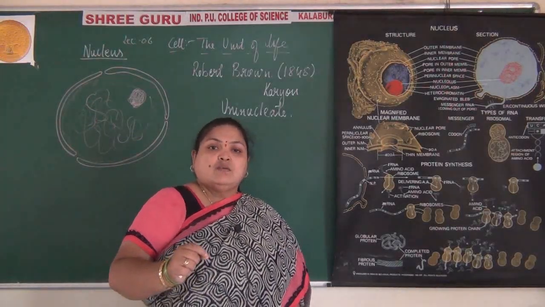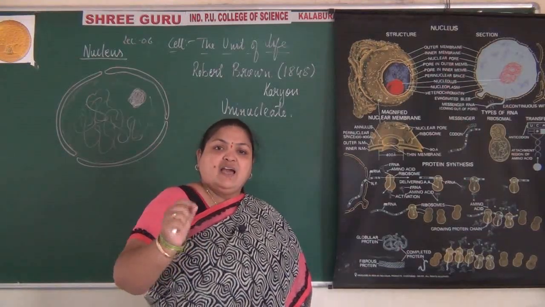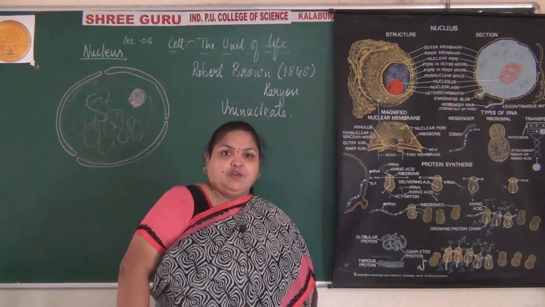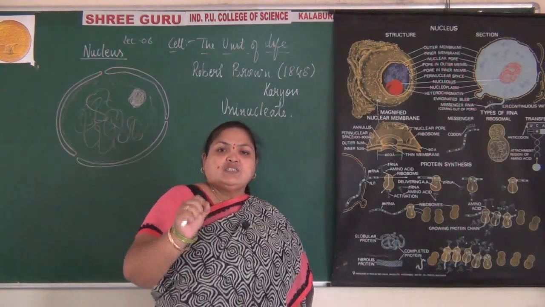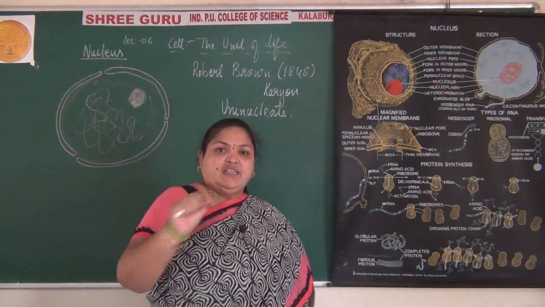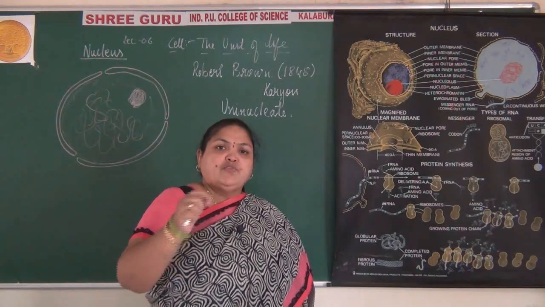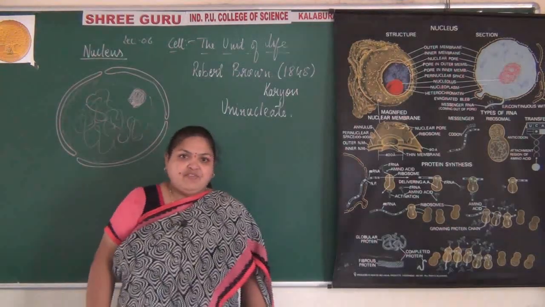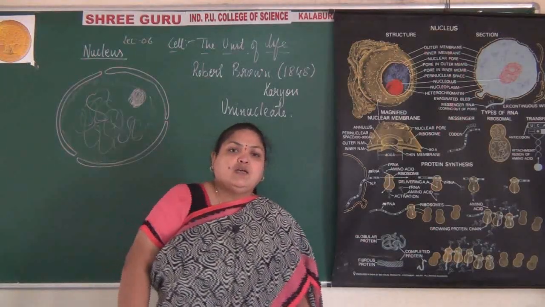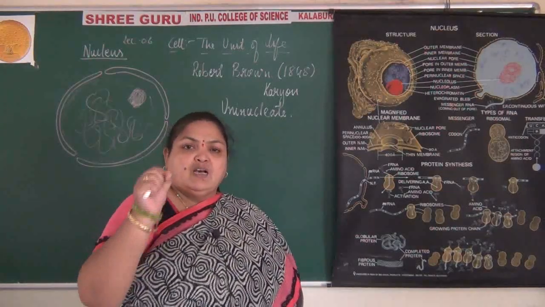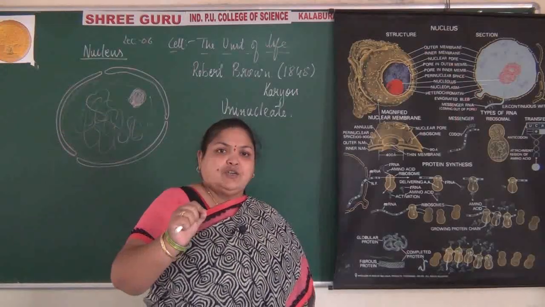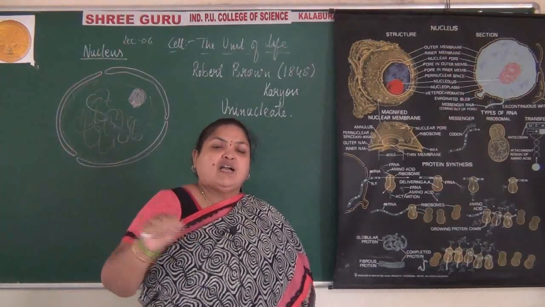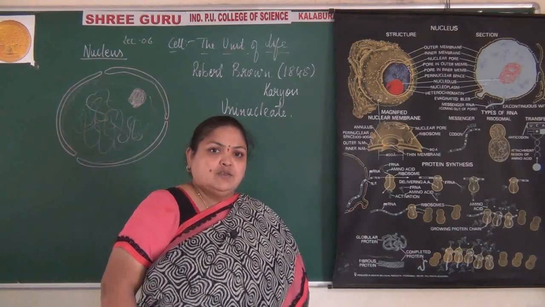If you observe the nucleus under the microscope, you will find it just as a small dot in the section. For example, if you take an onion peel and stain it with saffron stain and observe under the microscope, you will find a small dot-like structure in the box-like cells, or in the compartments of the cells.